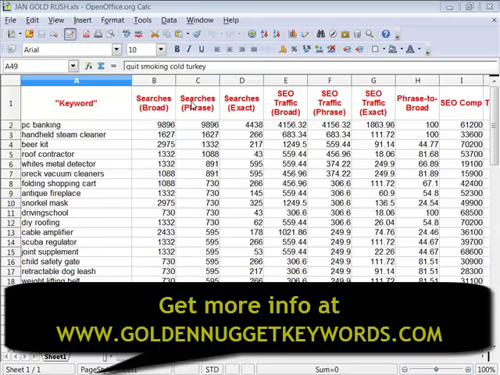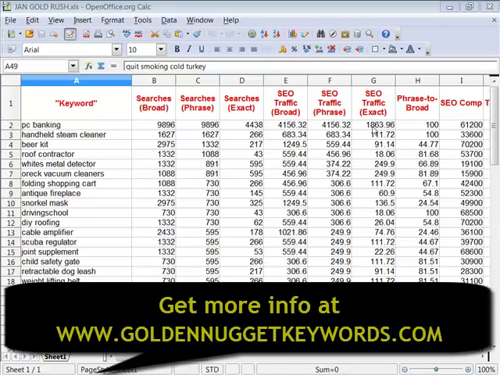Traffic then. This relates to searches. This relates to actually clicks to the number one position in Google. So whereas for exact searches, there's 4,000 searches for PC banking, traffic, the number one position in Google, in a day only gets 1,800 clicks onto the site.